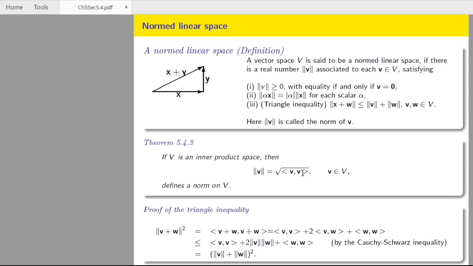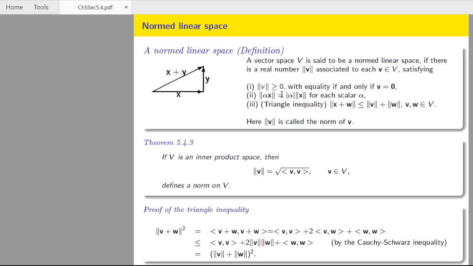The second property is true because if we substitute v by alpha x, then we get alpha x and itself make inner product. Alpha we can move out, and another alpha moves out, we get alpha squared. Then take the square root of alpha squared, we should take the absolute value. So in that way, we get the absolute value of alpha times the length of x.